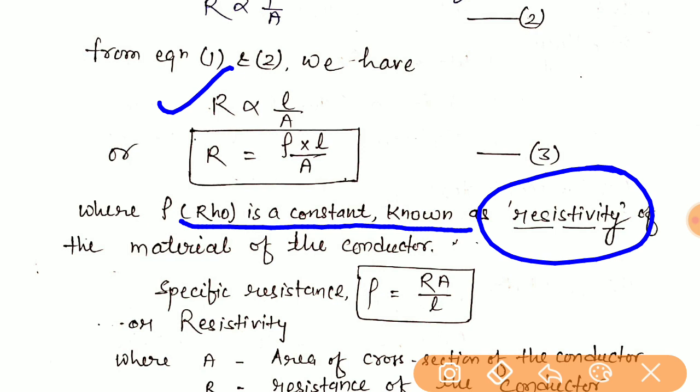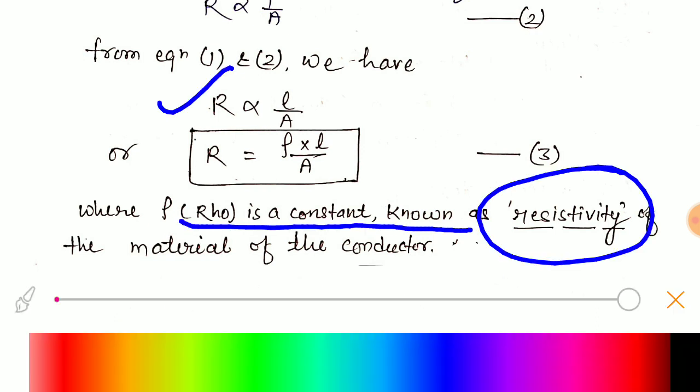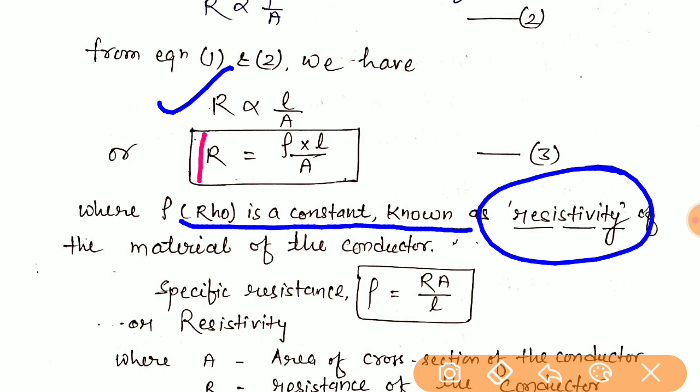It is sometimes also known as specific resistance. So we can say that resistance equals rho L upon A.